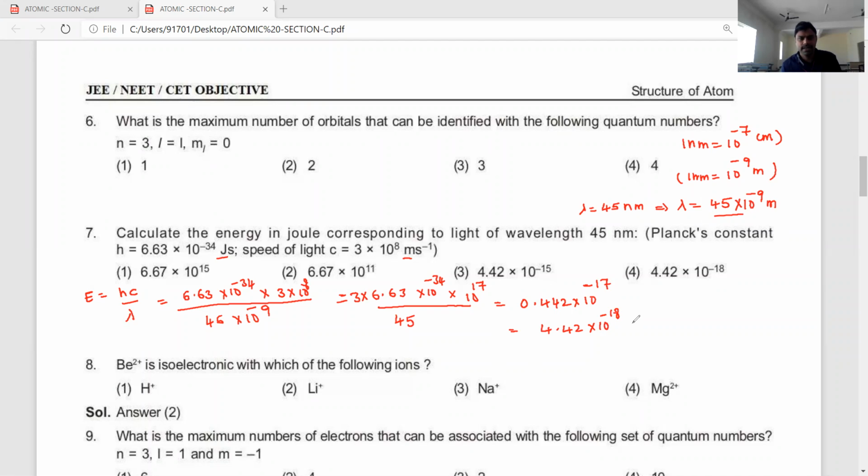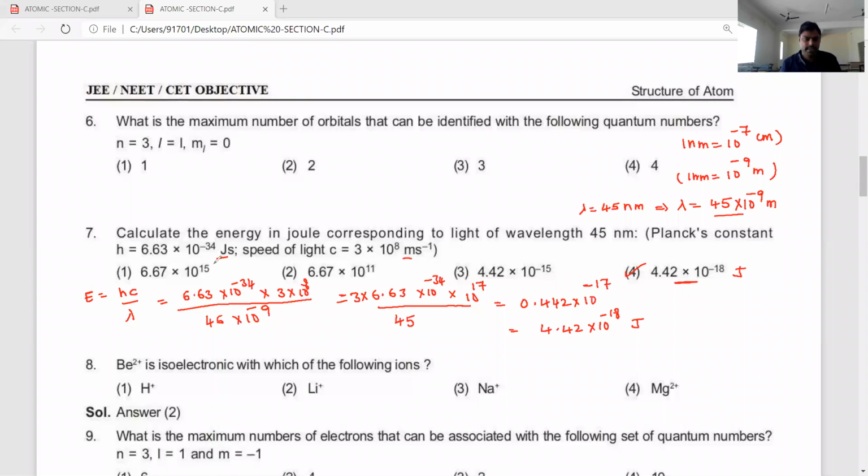The energy should be in joules. The answer is 4.14 into 10 to the power of minus 18 joules. This is the answer, fourth option. Okay, clear? Yes ma'am, the fourth option is correct.